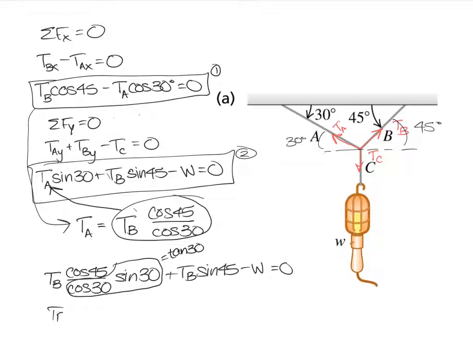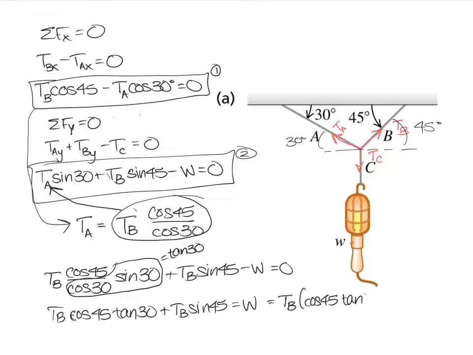So T sub B times the cosine of 45 times the tangent of 30 plus T sub B sine 45, and I'm going to put W on the other side. I can also factor out T sub B, and I'll get cosine of 45 tangent of 30 plus sine of 45.